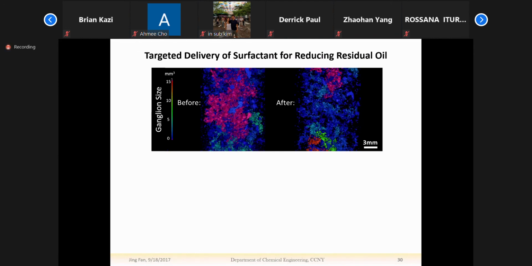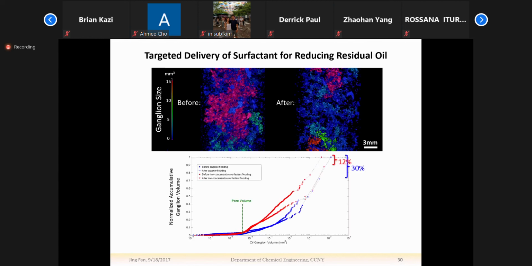So we use it to deliver surfactant and to reduce the residual oil in a model porous media system. We compare capsule flooding and regular surfactant flooding, meaning we use the same amount of surfactant.